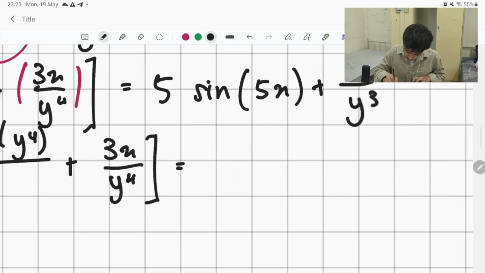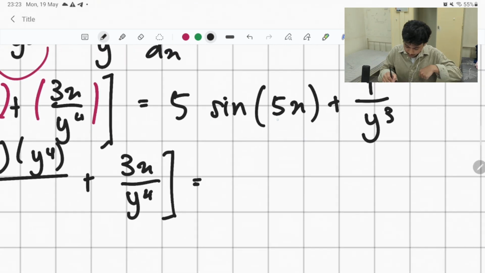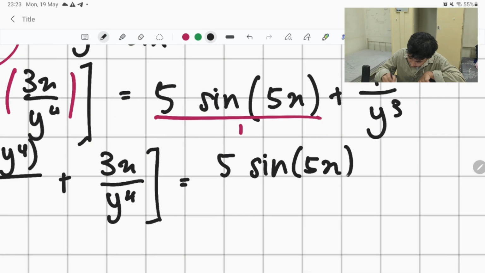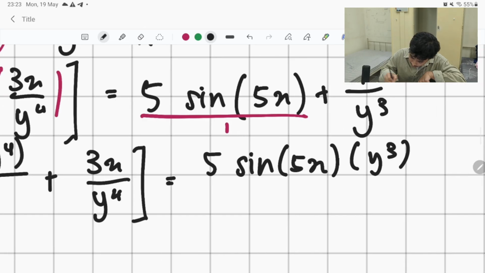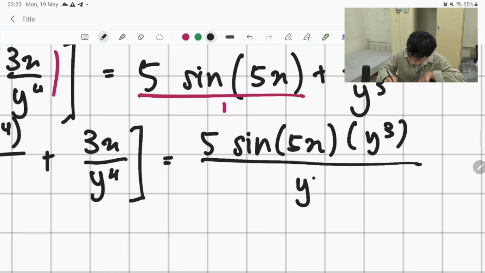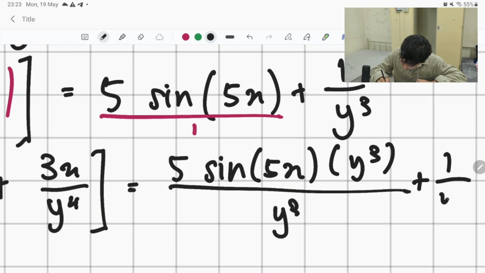Then 1 over y cube plus 5 sin 5x, we need to do the same way. So 5 sin 5x multiplied by y cube, and 1 multiplied by 1 over y cube, we get y cube plus 1 over y cube.